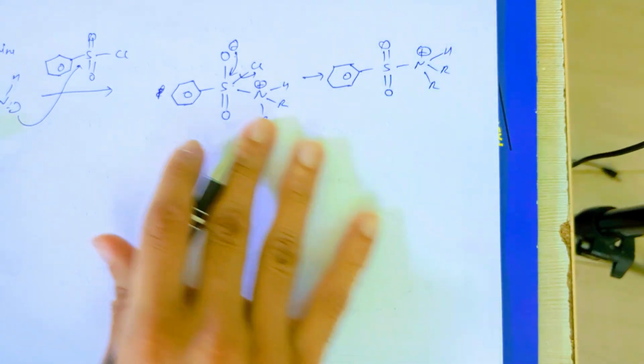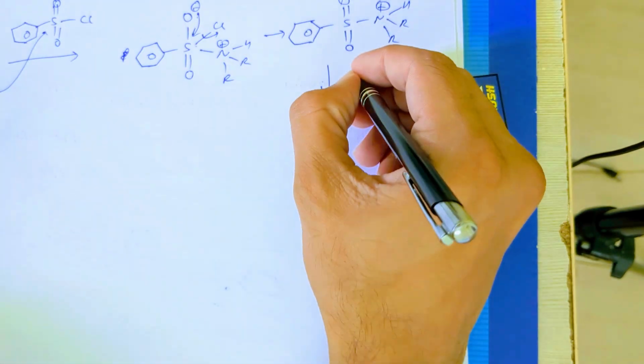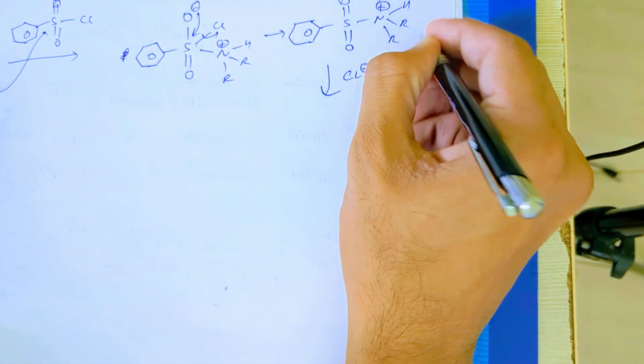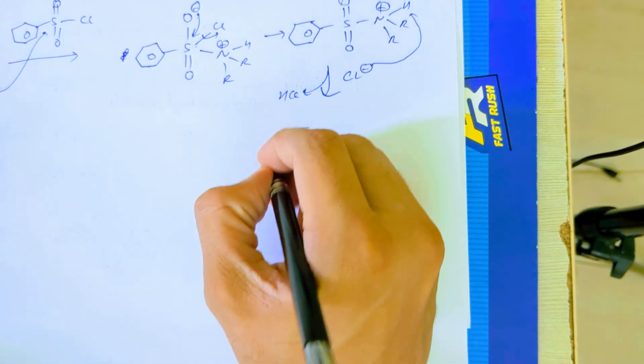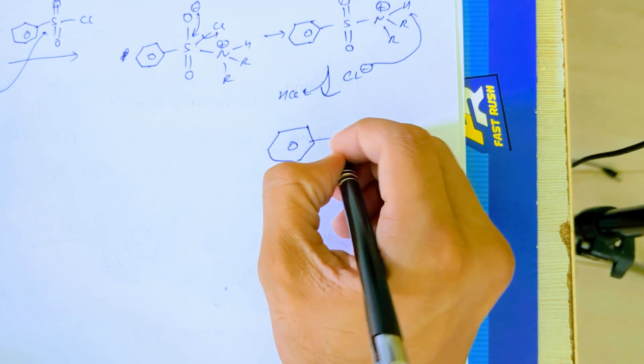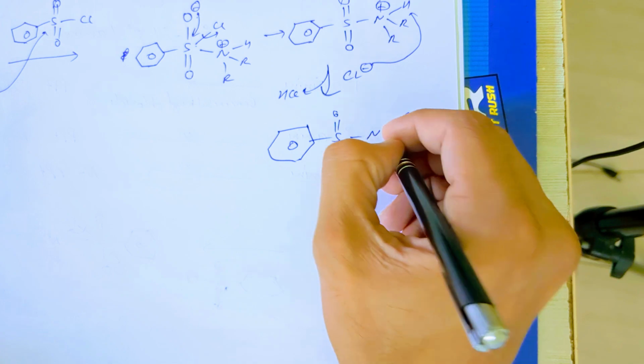And as we know here, the chlorine anion is present in the solution, so it takes this hydrogen and gives us hydrogen chloride. And then we get a neutral species.